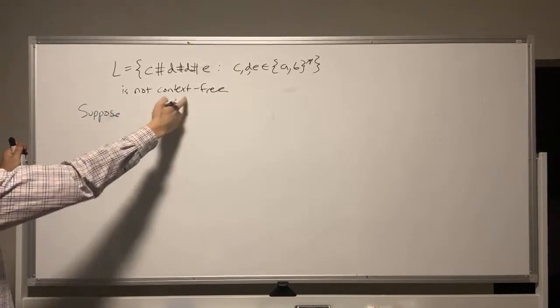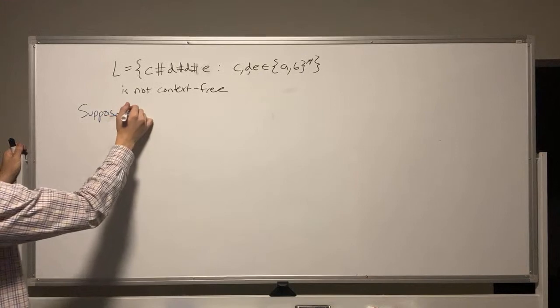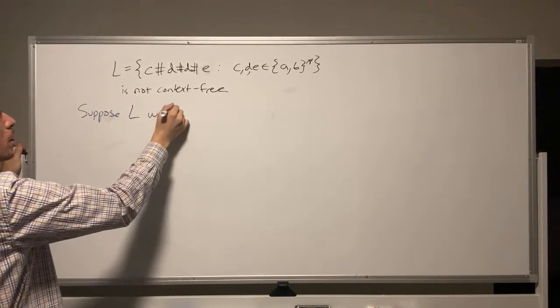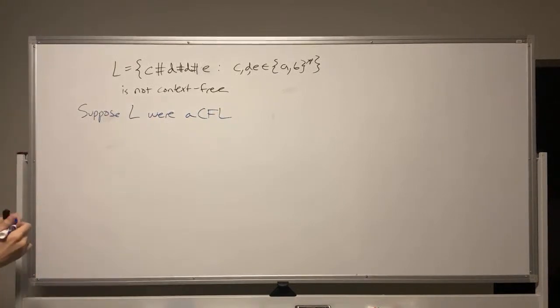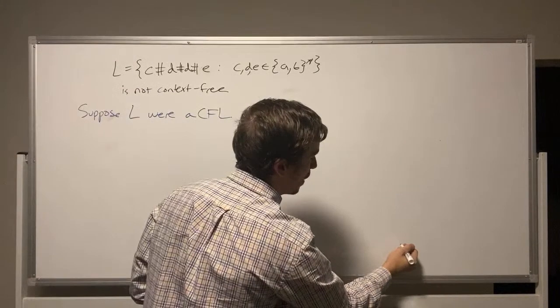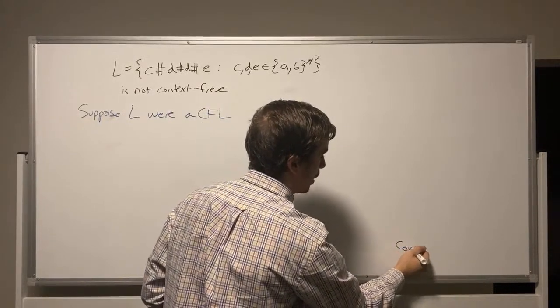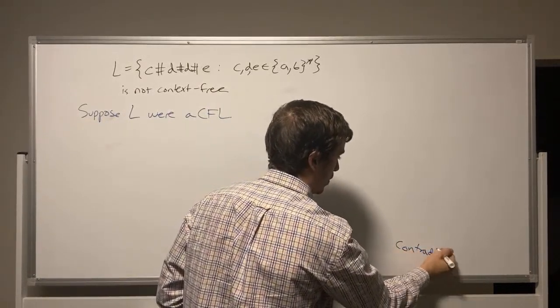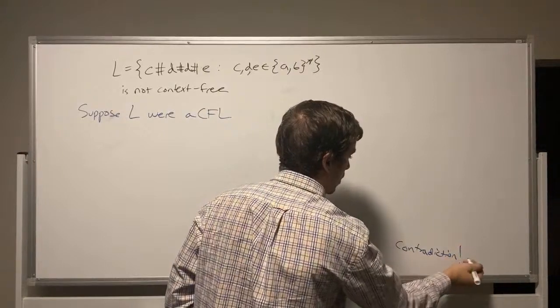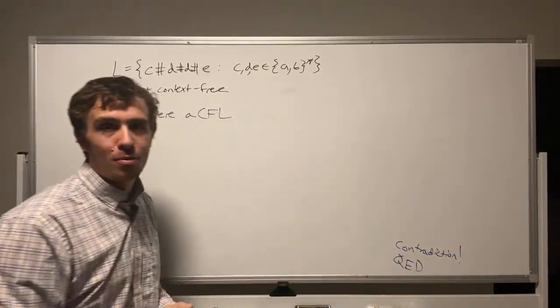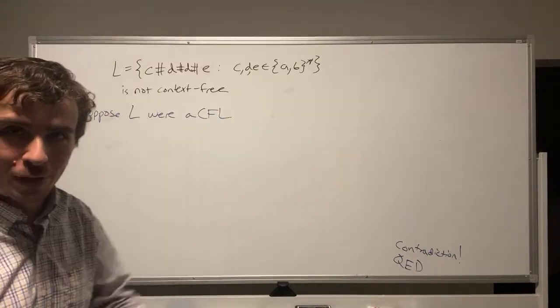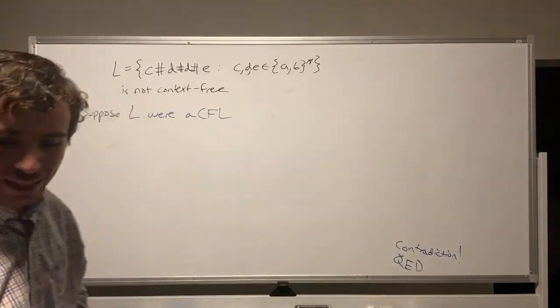Suppose that this statement is not true. So suppose L were a context-free language. And then eventually we've got to get some contradiction. So I'm going to put over here contradiction. QED. We proved what we want to prove, assuming we get down to there. Okay.